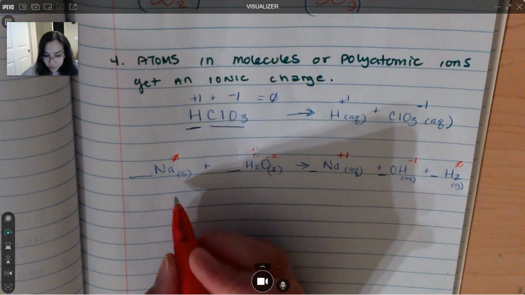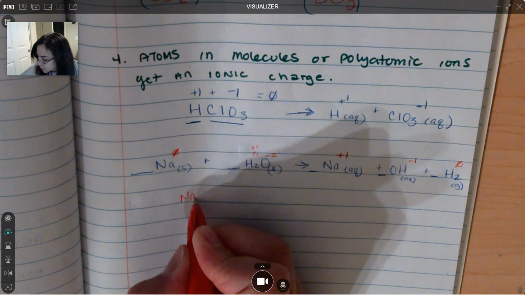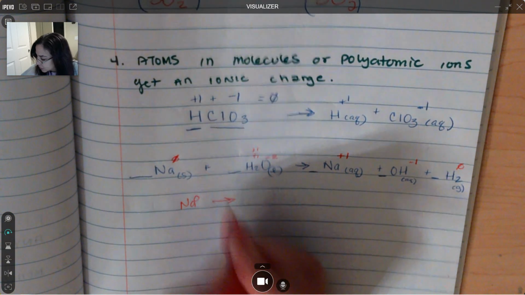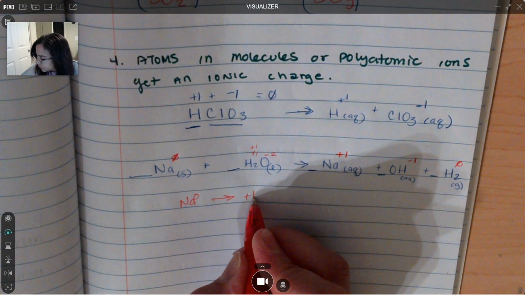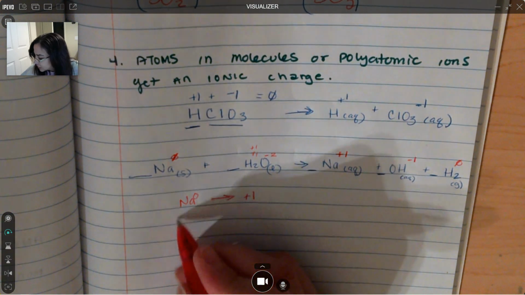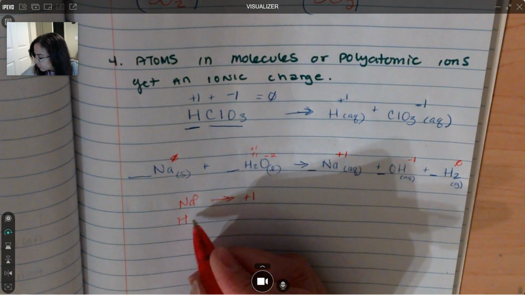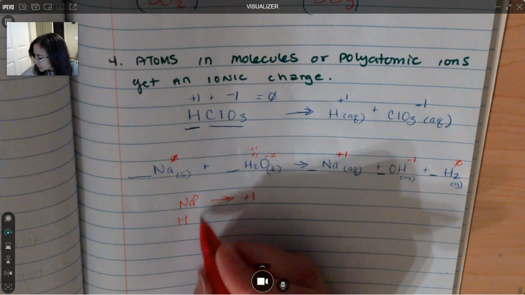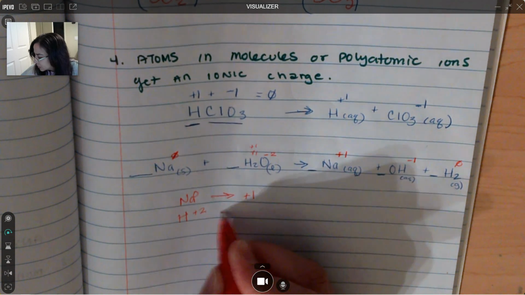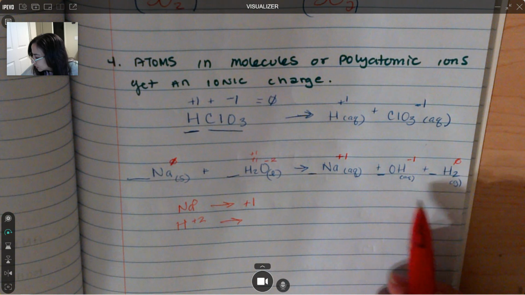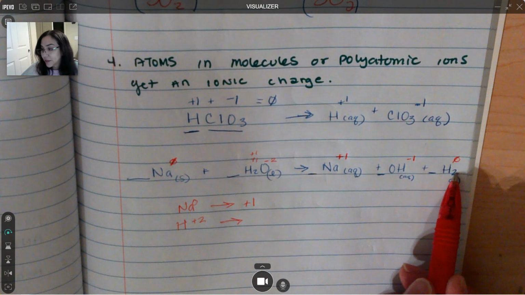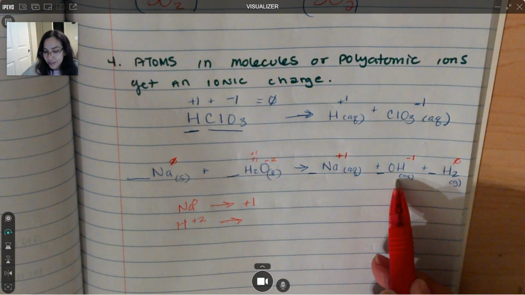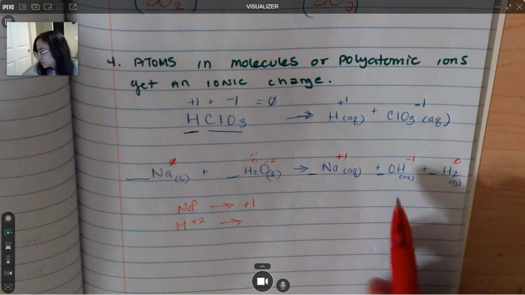Sodium metal has gone from a 0 to a +1. Hydrogen went from a +1 to a 0, and this one's a hydroxide, and this hydroxide has a -1 charge. We have to figure out what the overall charge is for this one.